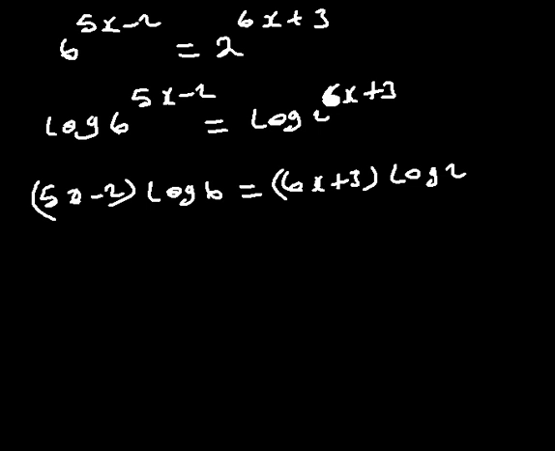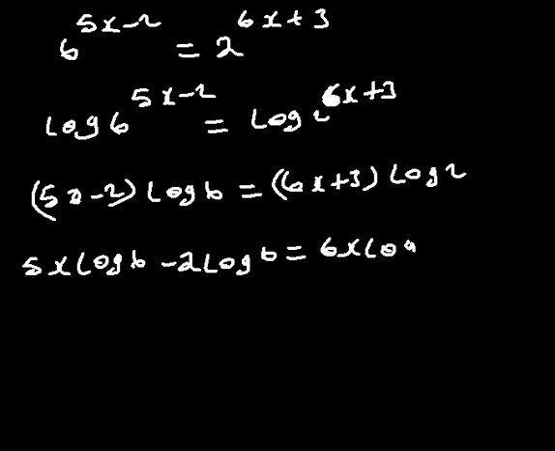Then we distribute the logs in all cases. So we have 5x log 6 minus 2 log 6 equal to 6x log 2 plus 3 log 2, like that.